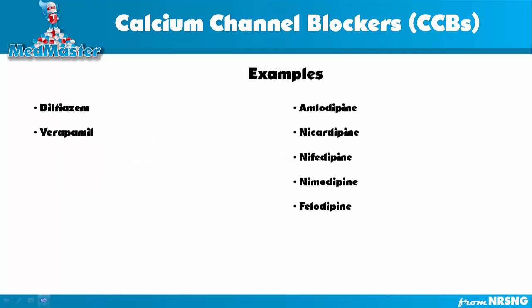Now, how do you tell the calcium channel blockers apart? As we talked about in the first slide, they work on the heart and they also work on the vessels. There's a way to remember which medication works on the heart, which works on the vessels, and which works on both. If you see on the right side, amlodipine, nicardipine, nifedipine, nimodipine, felodipine, all the medications have DIPINE.